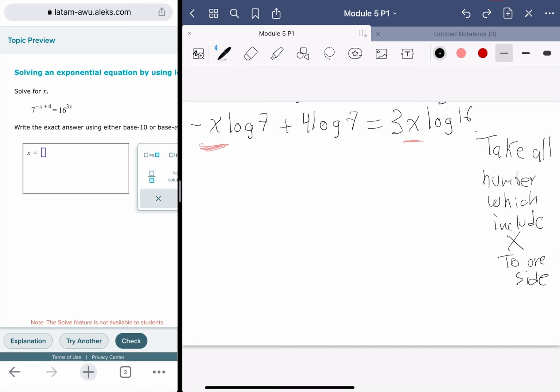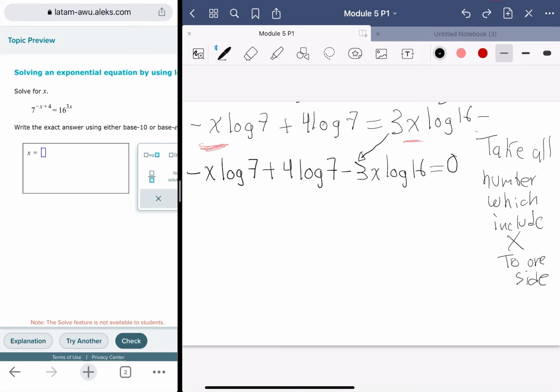I do that by subtracting it. So here I have minus x logarithm of 7 plus 4 logarithm 7, and then I take this subtracting minus 3 times x logarithm of 16 equal to 0, because here I have a plus 0.